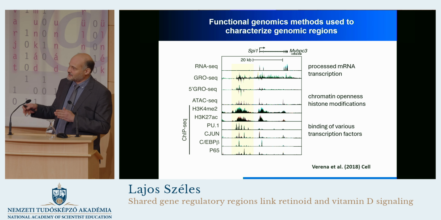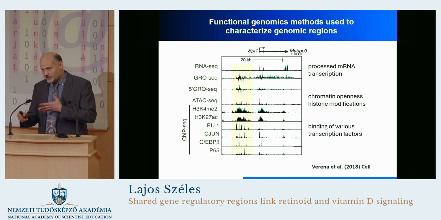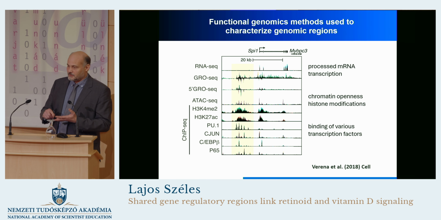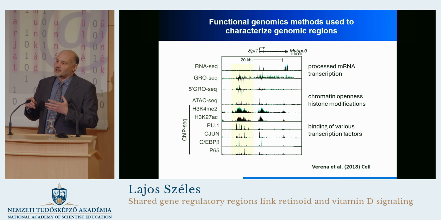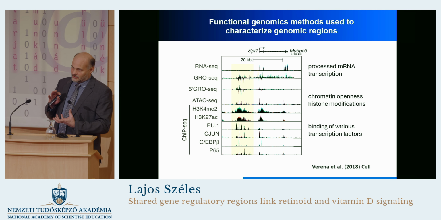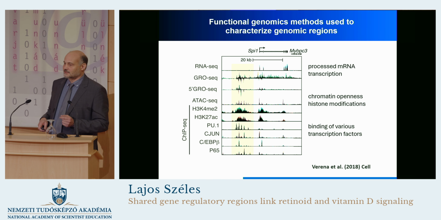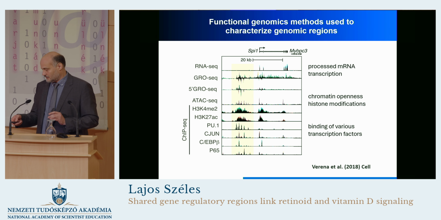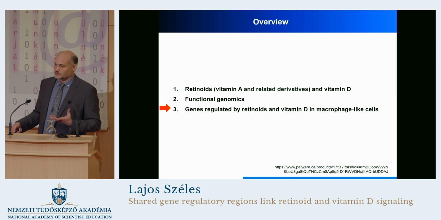I won't go into details. I just would like to highlight that you can compare the genomic regions and how they contribute to gene expression and regulation. You can also see the openness of the chromatin. Many things can be investigated at the same time using these global approaches.